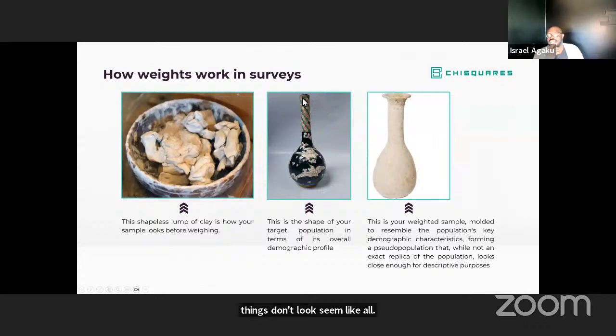So the question is, how then can we, in good faith, make that cycle of inference where we get inferences from the sample to be generalizable to the population? That's where weights come in. Weighting is a way of forcing our sample to look like the target population. So we take this clay and we somehow force it to look like this guy.